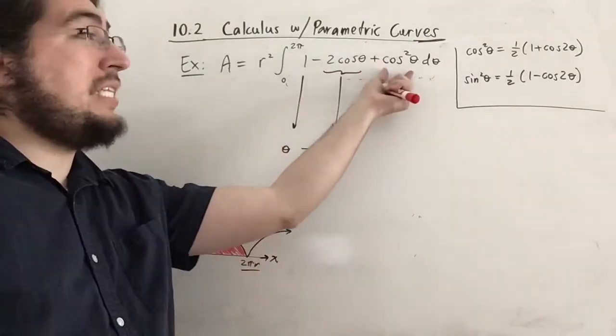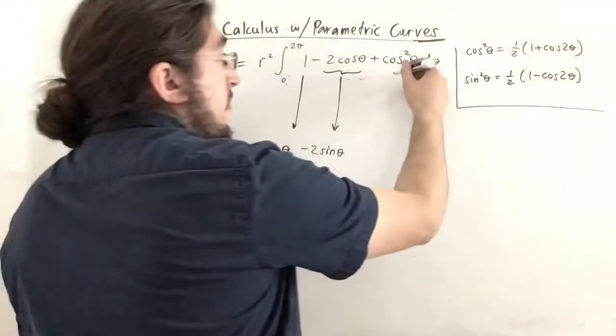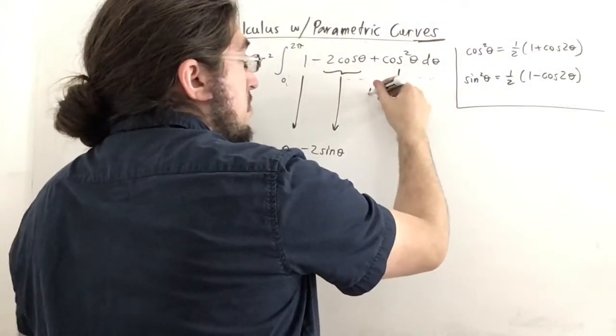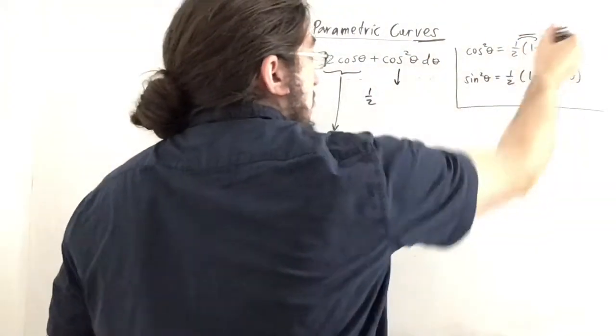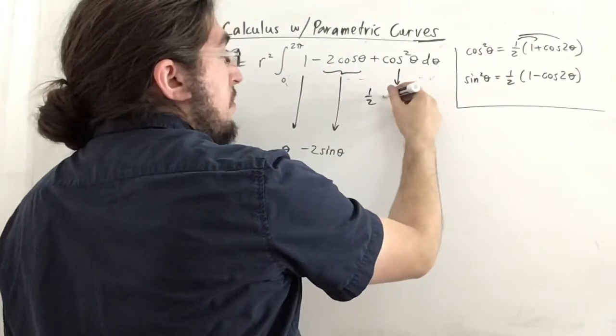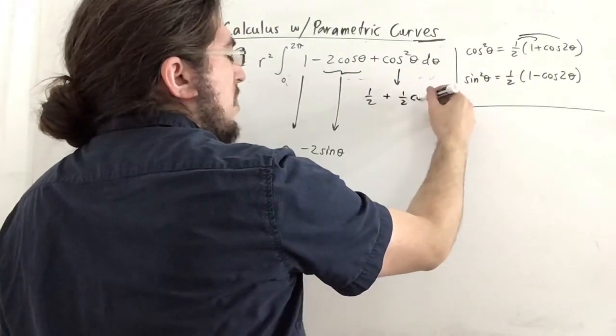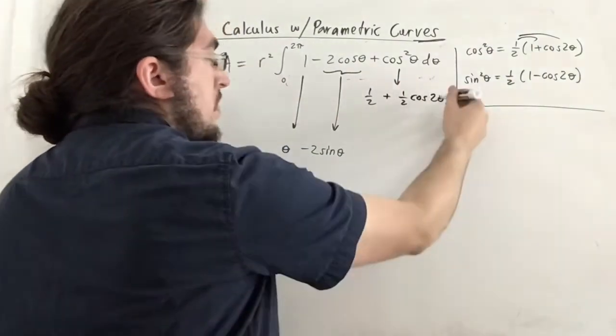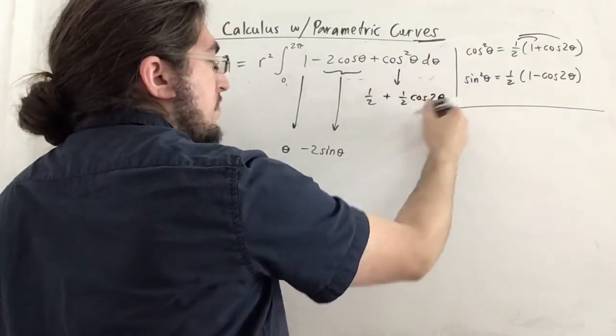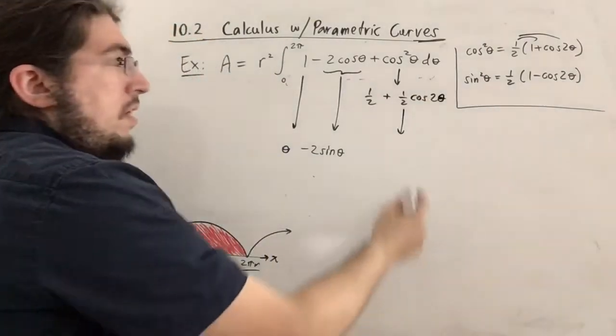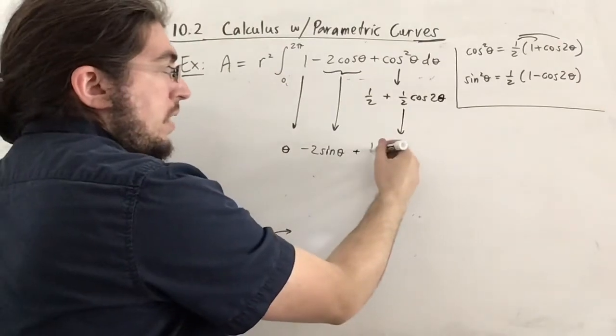Now, for the antiderivative of cosine squared, we first need to write this as being equal to, let's distribute this, might as well. So we get 1/2 plus 1/2 cosine of 2 theta. And now we'll antiderive this. So the antiderivative of 1/2 is 1/2 theta.